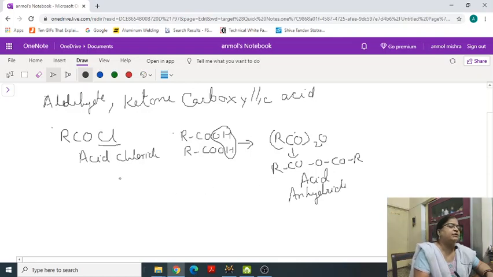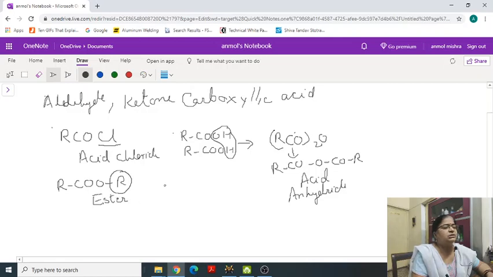Third derivative of carboxylic acid is ester, RCOOR. The H of the carboxylic acid is replaced by alkyl group. So this group is called as ester.